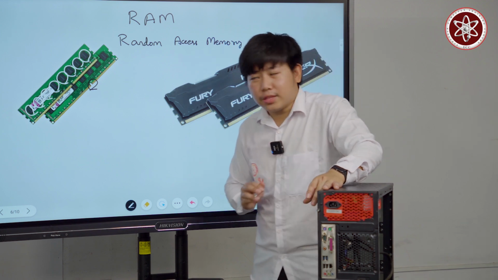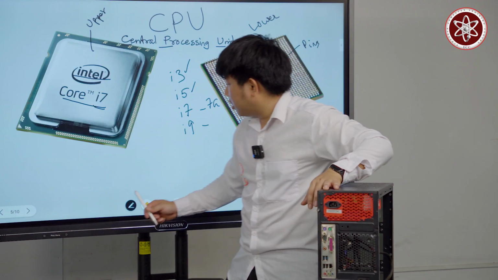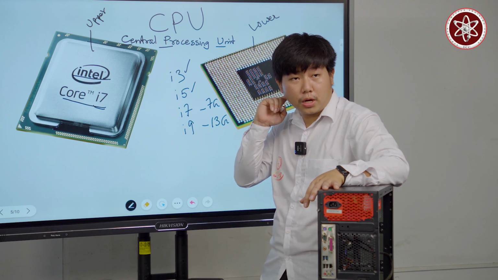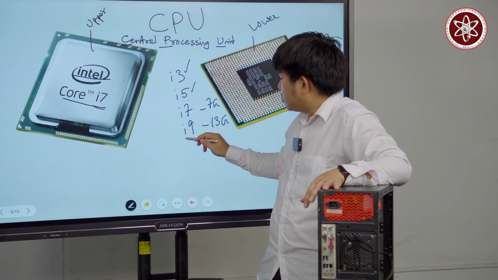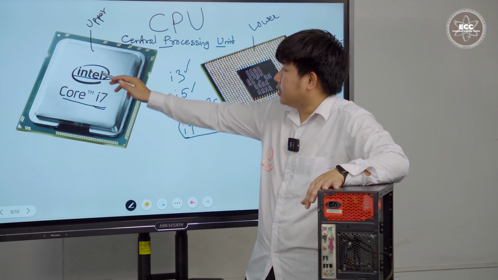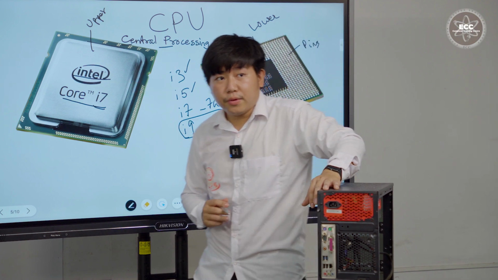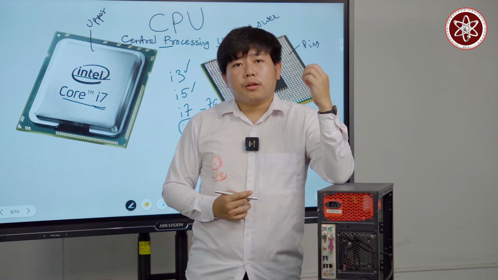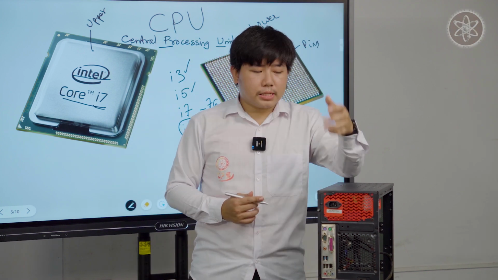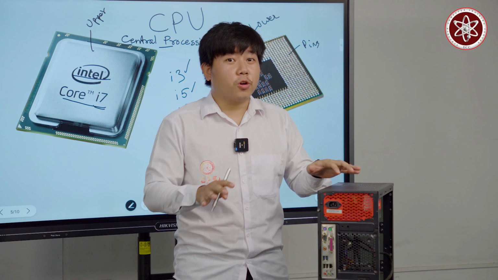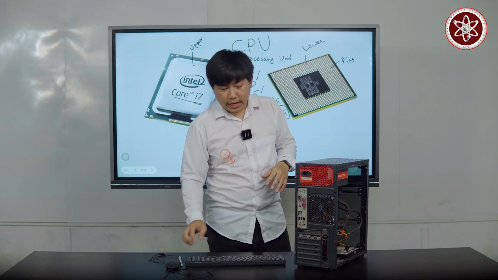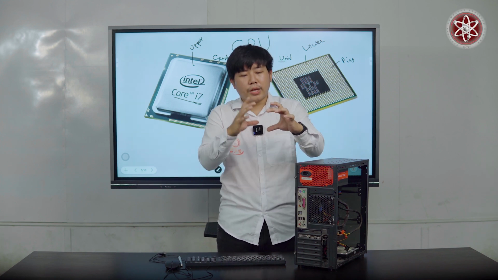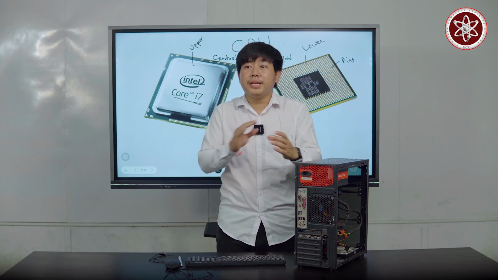CPU has limits. Even if we install i9 13th Gen, which is the latest and most powerful CPU currently in the Intel department, it has a limit. Let's say I'm playing Dota 2, a game, and everything needs to be processed, but the CPU has a limit, so it's not going to process everything immediately.